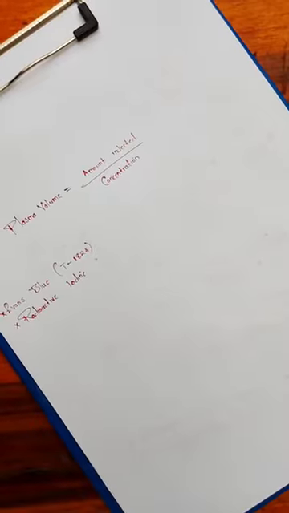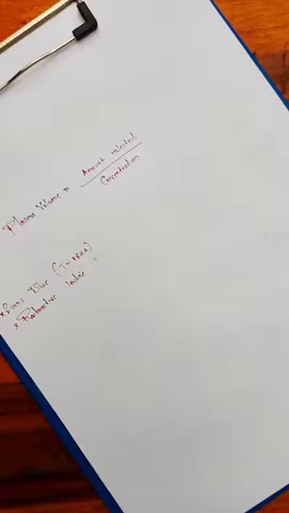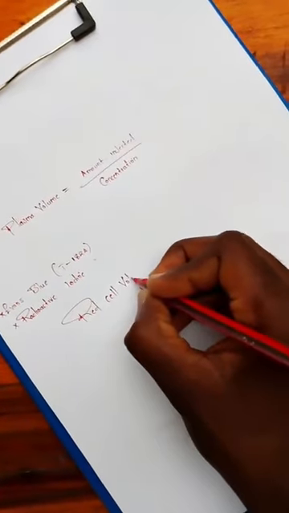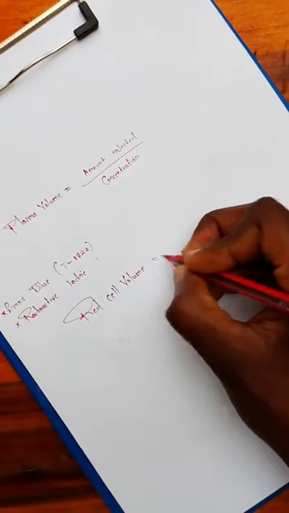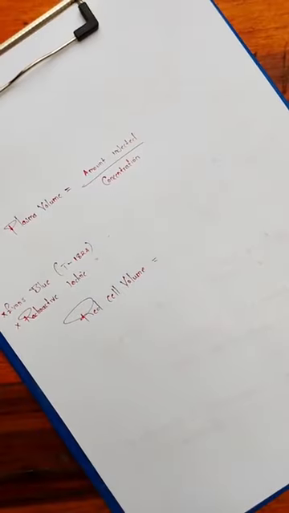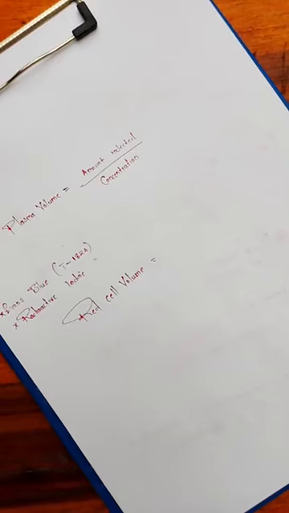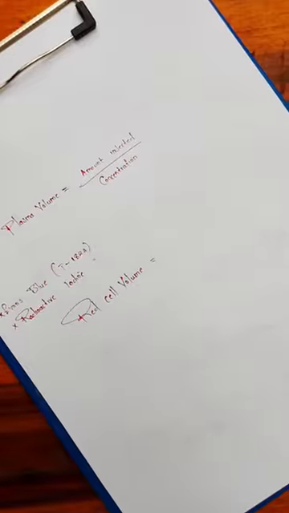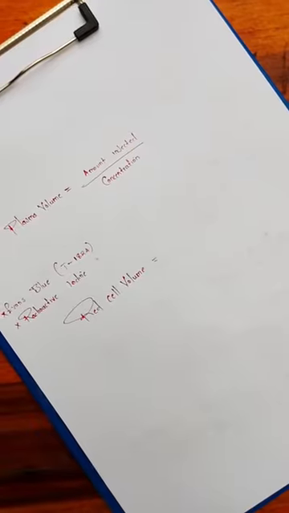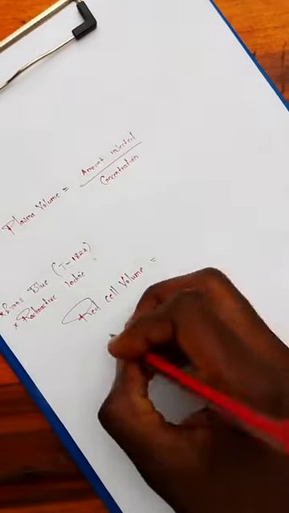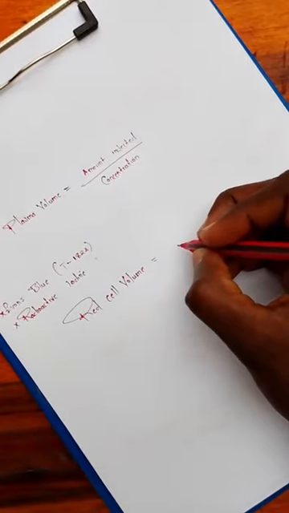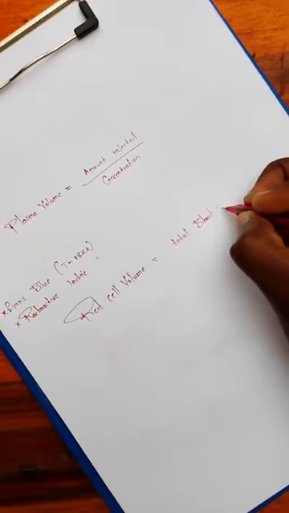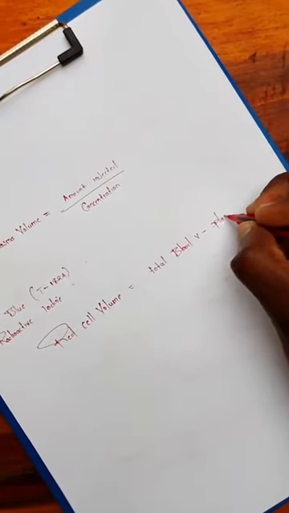Then apart from calculating the plasma volume, of these fluid compartments we can also calculate what we call the red cell volume. Basically, the red cell volume is just the volume consisting of the red blood cells only. So the red cell volume is calculated by the formula: red cell volume is equal to the total blood volume minus the plasma volume.